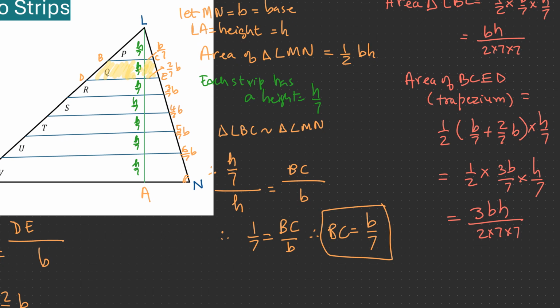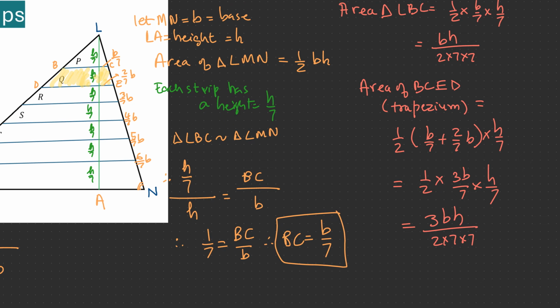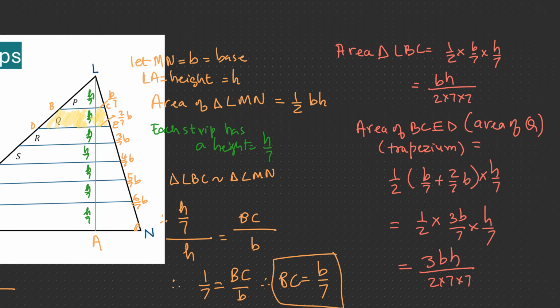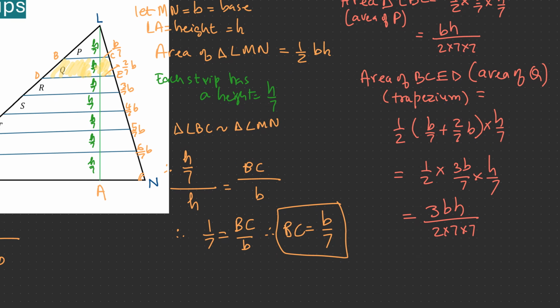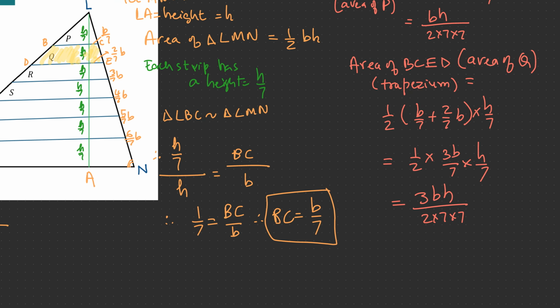So the area of the next trapezium would be, that is the area of Q. So instead of writing BCED, I could also have written area of Q, or the first one is area of P. So we got the area of Q. Let's work out the area of R after that.